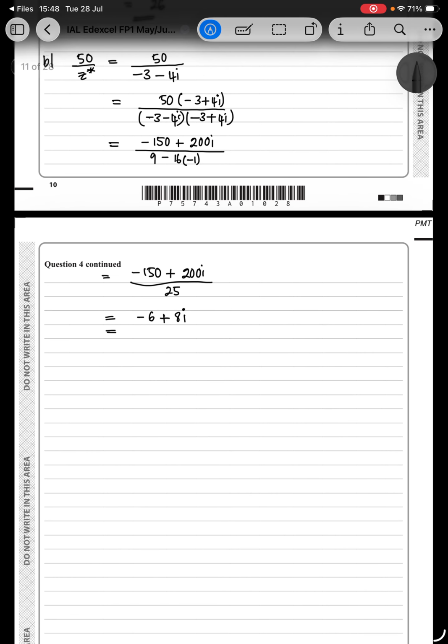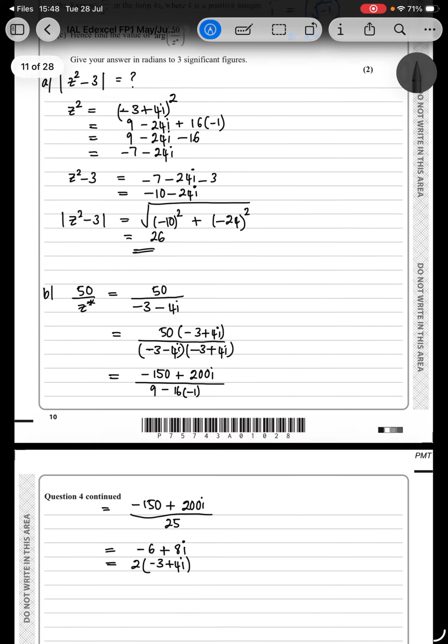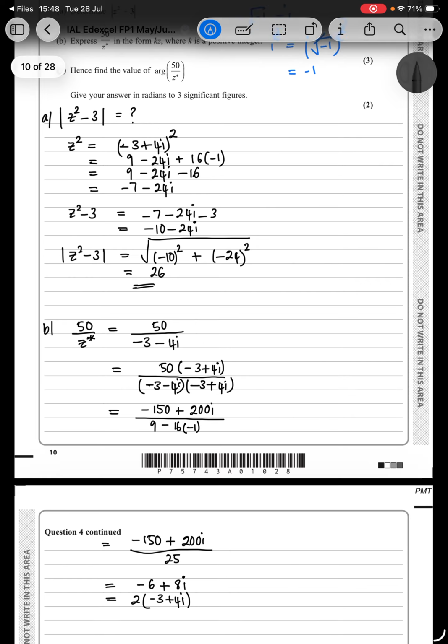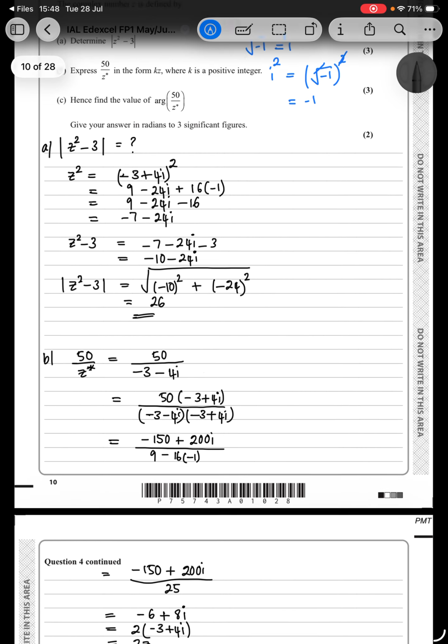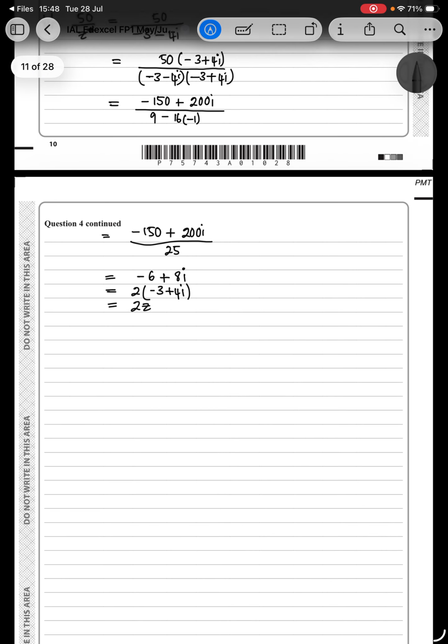The common factor between 8 and 6 will be 2. And if we take 2 out, we get minus 3 plus 4i. And we can see that minus 3 plus 4i is our z, which is given in the question. So this can be written as 2 times z. And that's our answer, where k is equal to 2. You can write this if you want to.